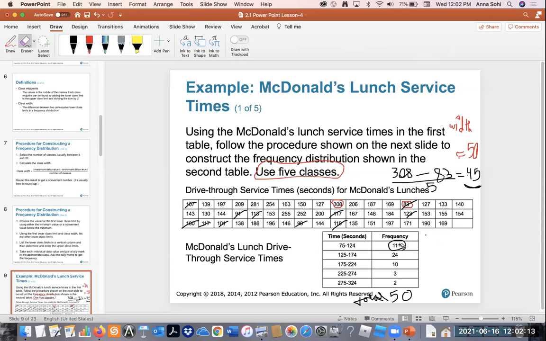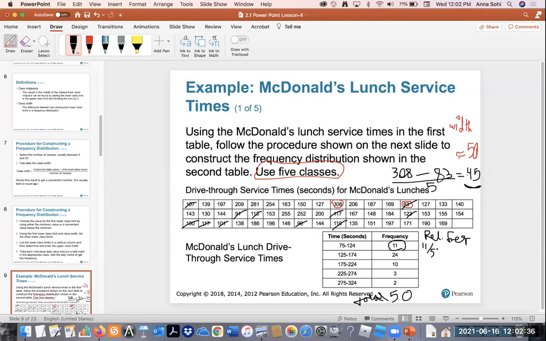The partial is 11 within each class, so relative frequency is partial, that's 11, over total, that is 50.